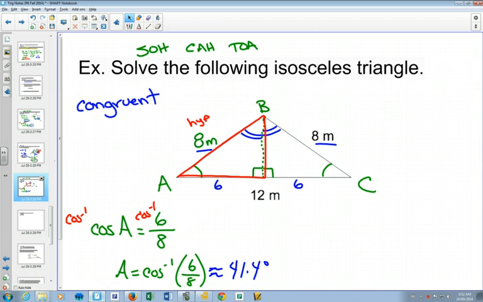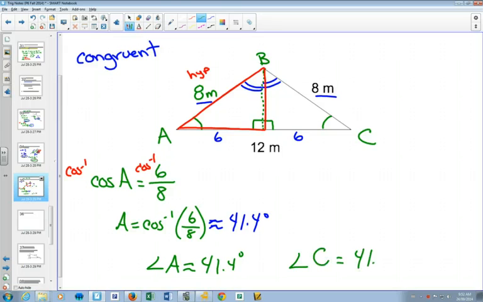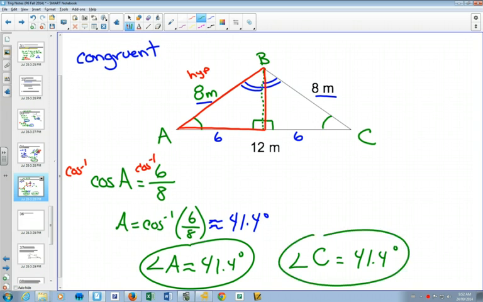Can you see that once you figured out that angle A is 41.4 degrees, because it's an isosceles triangle, we also know that angle C is 41.4 degrees. Those are two of the angles we needed to find.